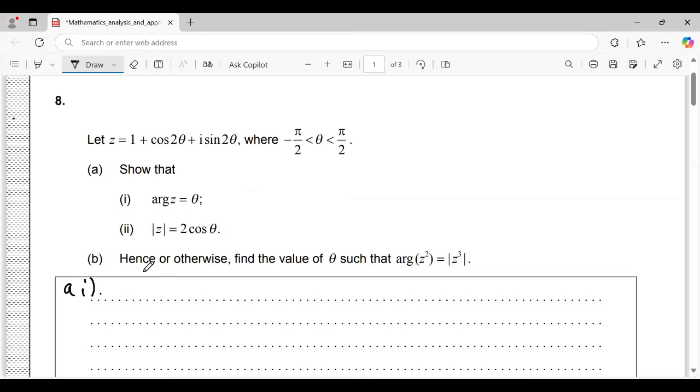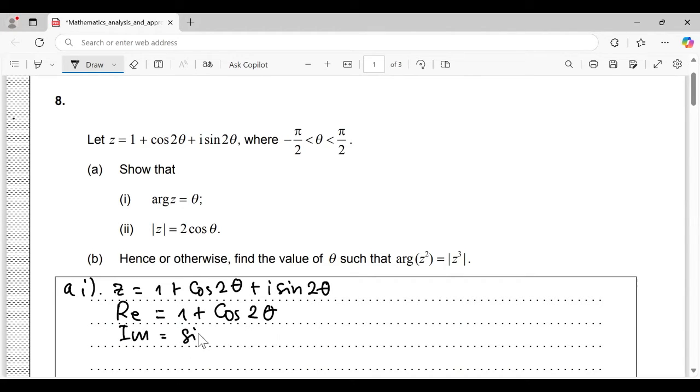Part A, part 1: z equals 1 plus cosine 2 theta plus i sine 2 theta. Z is a complex number whose real part is 1 plus cosine 2 theta, and imaginary part is sine 2 theta.